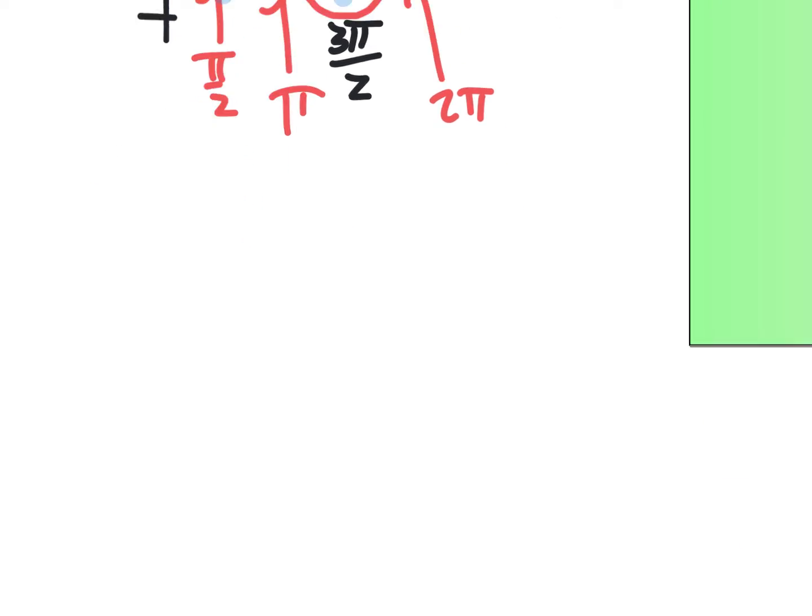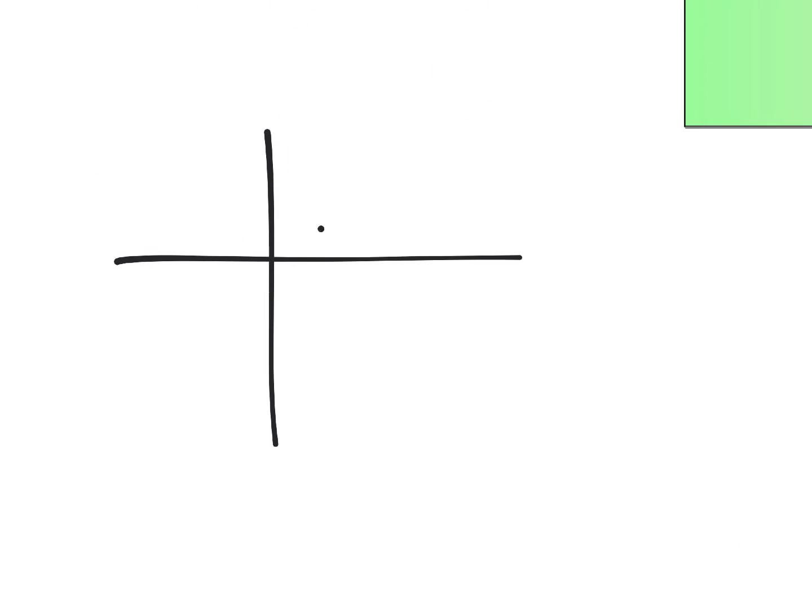Okay, so for example, imagine for a moment that I had these marks, and I said this was 8 pi over 10.